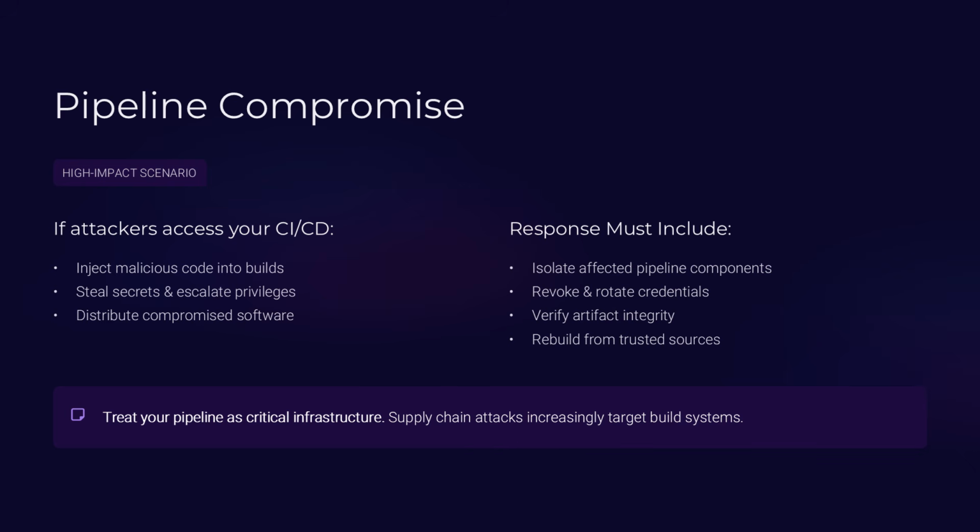As a leader, you must treat your pipeline as critical infrastructure. Incident response planning must include immediate isolation of affected pipeline components, revocation and rotation of credentials, verification of artifact integrity, rebuilding from trusted sources, audit of recent releases. If your incident response plan does not explicitly include pipeline compromise scenarios, you are underprepared.